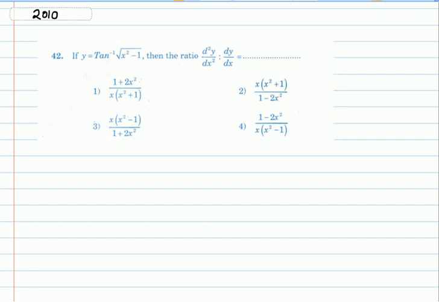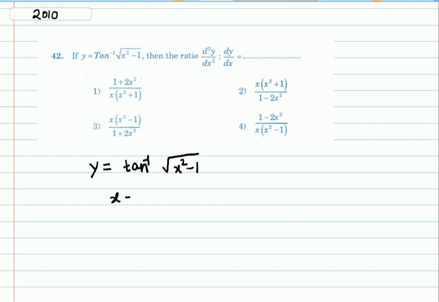If y is equal to tan inverse of root x square minus 1, then find the ratio of the double derivative to the first derivative. So let us consider y is equal to tan inverse of root of x square minus 1. That is easy to understand.